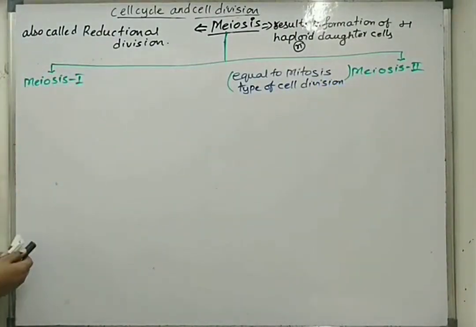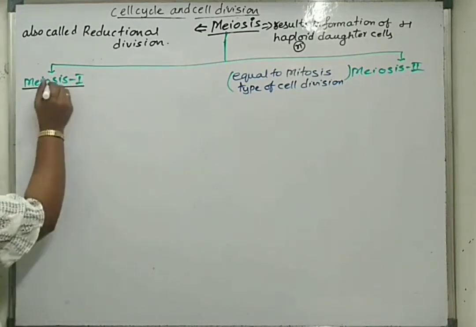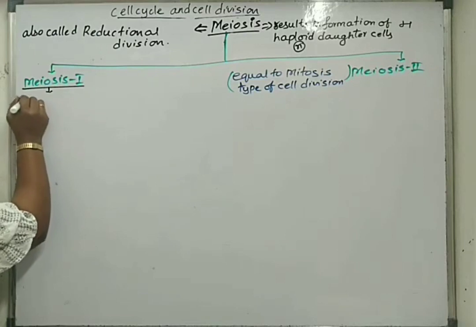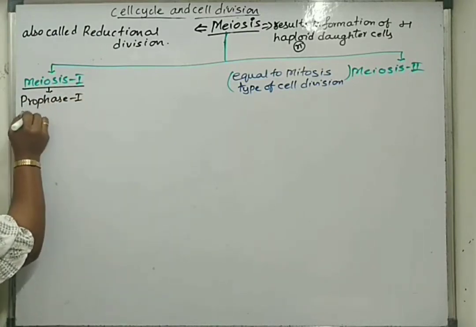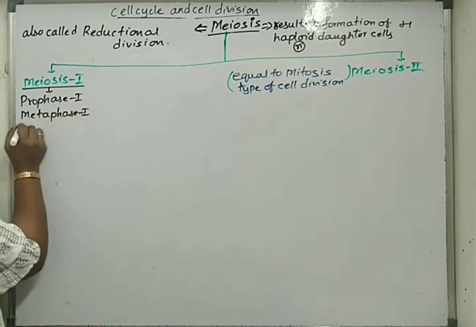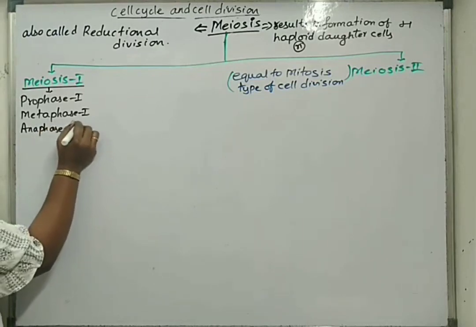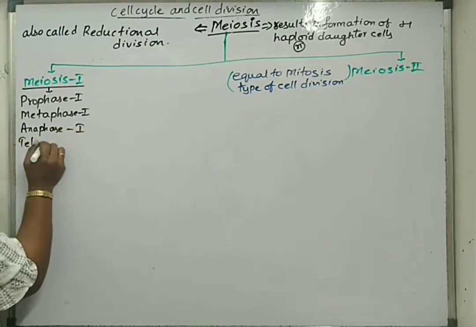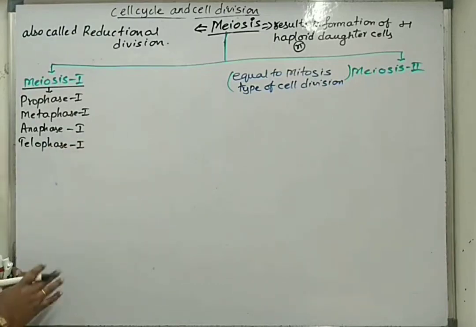Meiosis 1 includes 4 steps, that are prophase 1, metaphase 1, anaphase 1, telophase 1. This is karyokinesis.